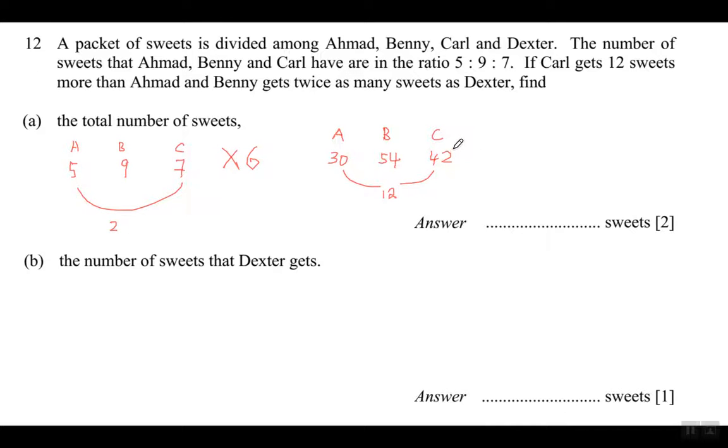Okay, so this number represents the actual number. And Benny gets twice as many sweets as Dexter. So I need to put in Dexter now. So Dexter is 27. Total number of sweets.